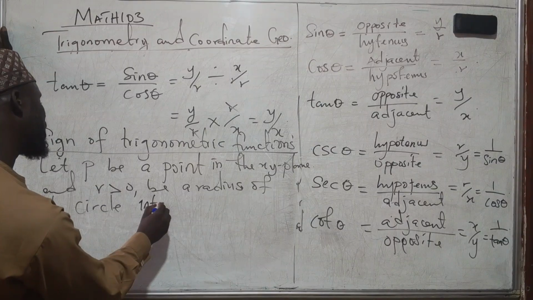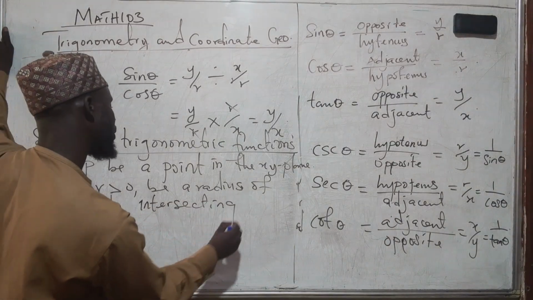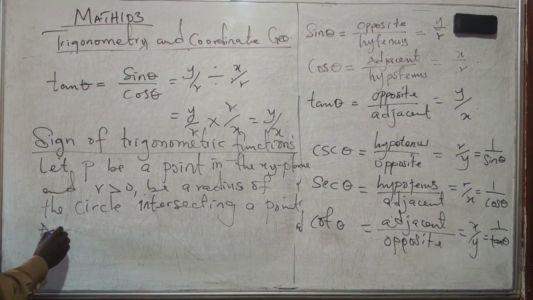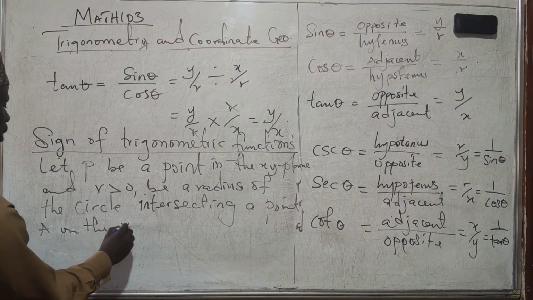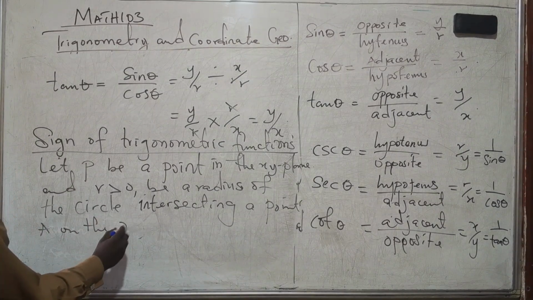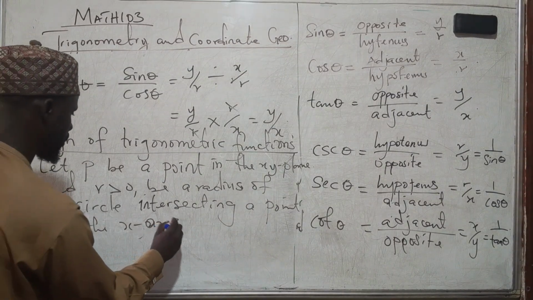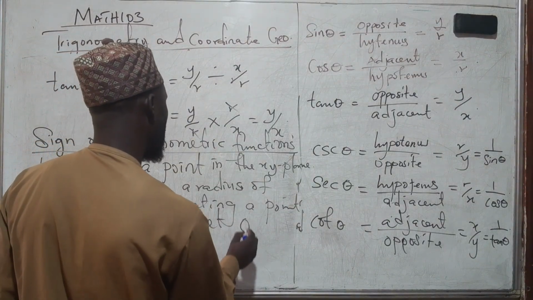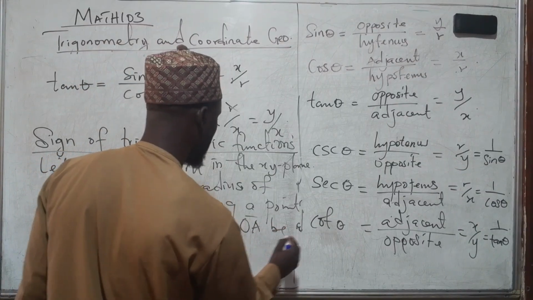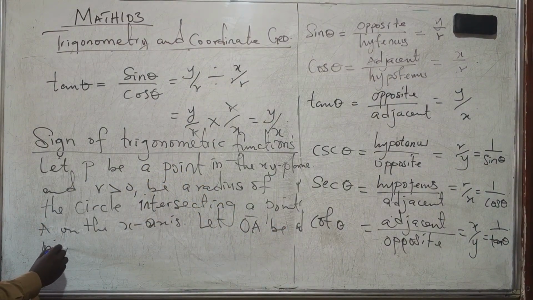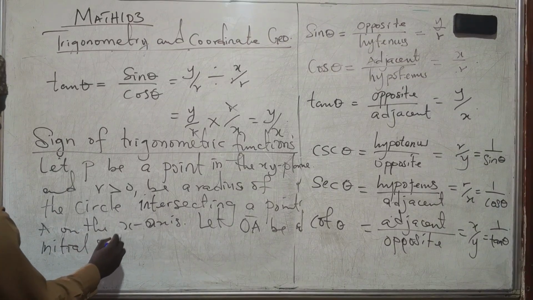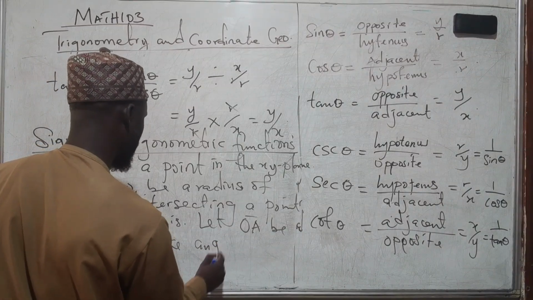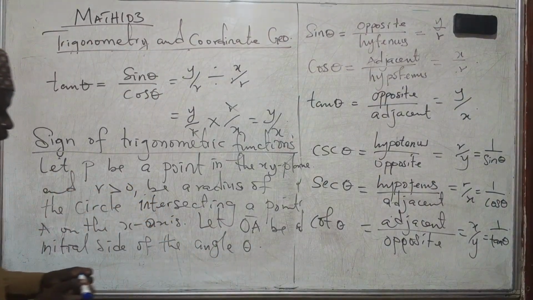that is intersecting a point A on the xy plane, that is a point on the x-axis. Now let OA also be the initial side of the angle theta, also on the xy plane.